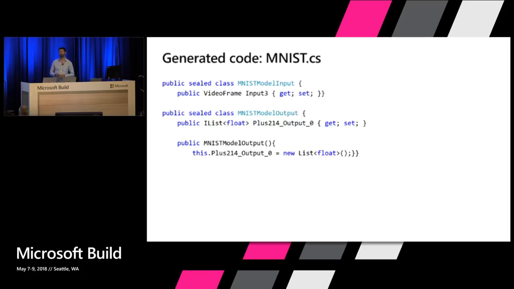I could have also used other tools like Netron to inspect the model, find out its metadata and properties. The important thing to note on this line is the data type, video frame. Machine learning models in general do not understand images. And my application actually created a software bitmap of the ink canvas before I fed it into my machine learning model.